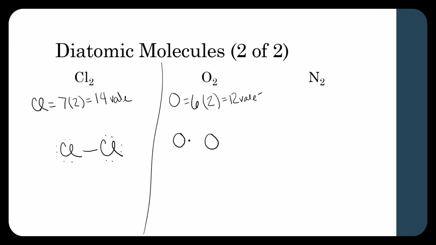Start with the bonding group, 1, 2, and then lone pairs until I run out. 1, 2, 3, 4, 5, 6, 7, 8, 9, 10, 11, 12. Can't put any more electrons on the paper. That's all I have. So let's double check. Oxygen on the left is touching 2, 4, 6, 8. Oxygen on the right is touching 2, 4, 6.